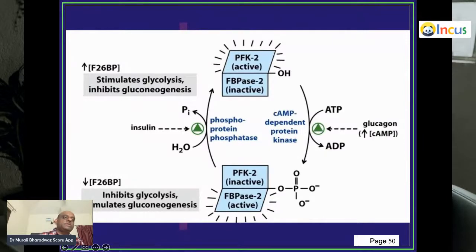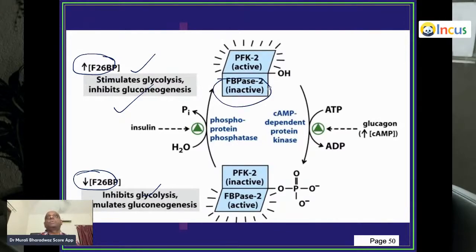Anything that causes decreased fructose 2,6-bisphosphate inhibits glycolysis, stimulates gluconeogenesis. Anything that causes increased fructose 2,6-bisphosphate stimulates glycolysis, inhibits gluconeogenesis. So fructose bisphosphatase 2 is inactive when it is phosphorylated.